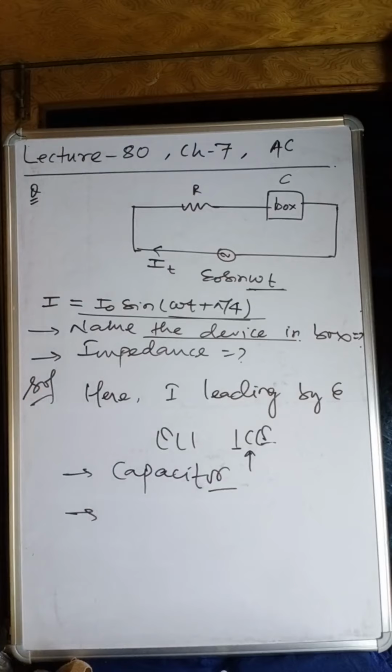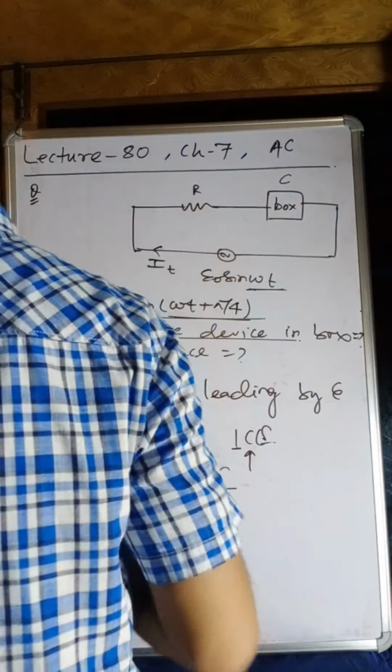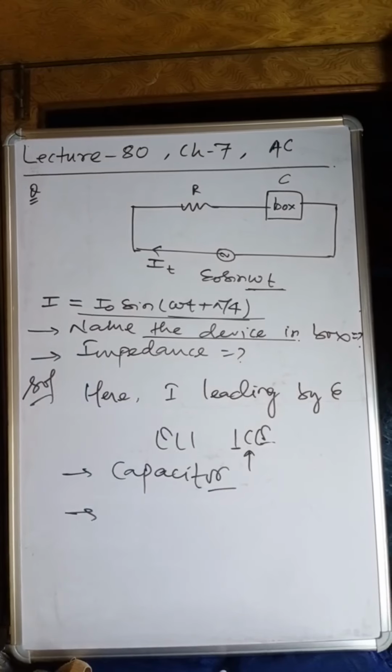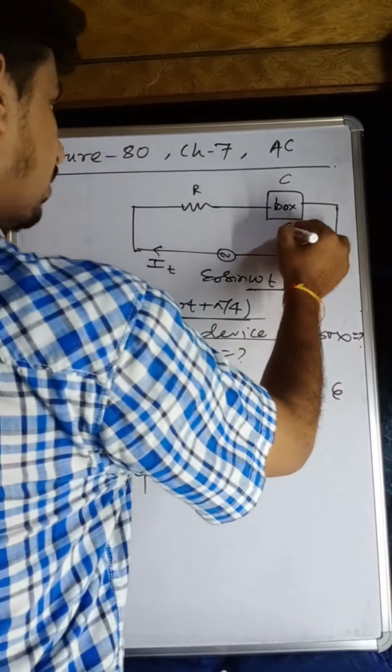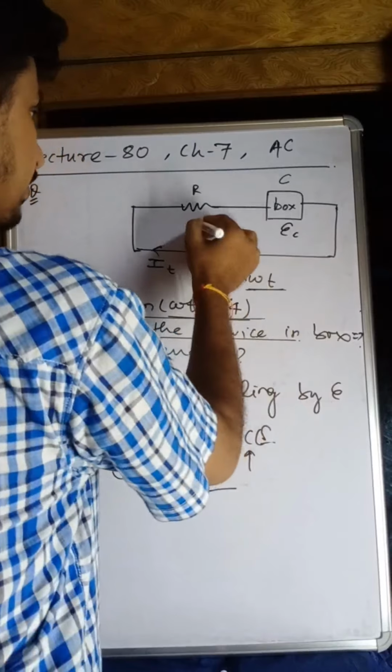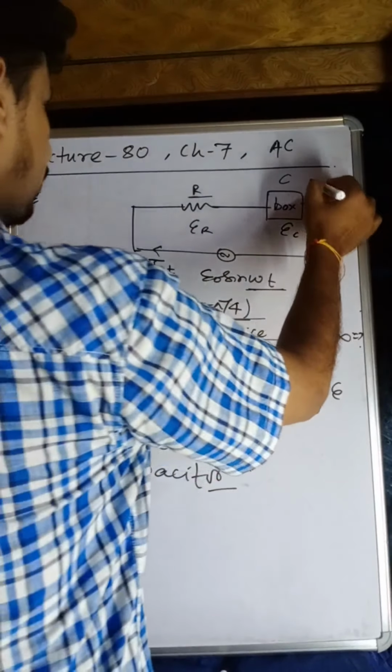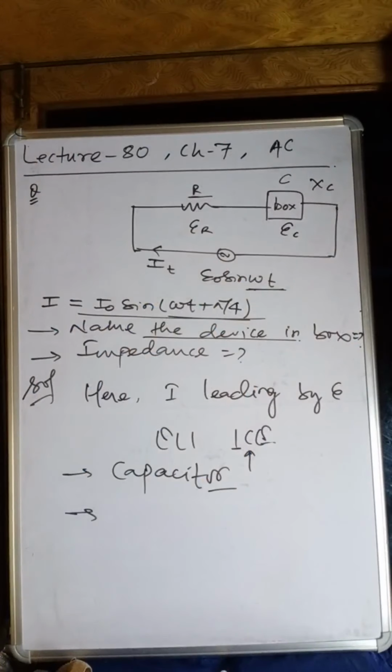What do we have to find? Now we know the voltage drops across these are EC and ER. Of course, the resistance is R, and here the reactance is XC. Am I right, my dear students?